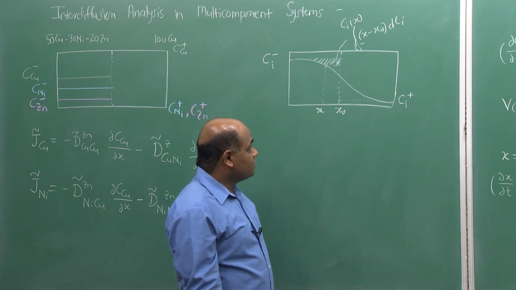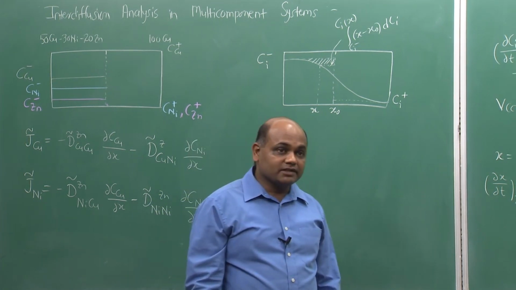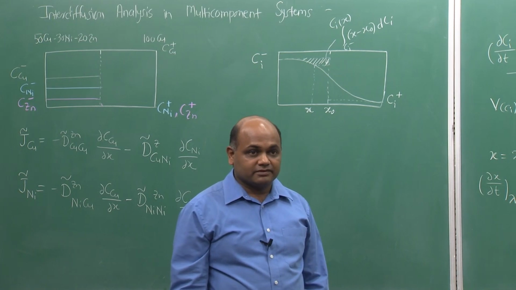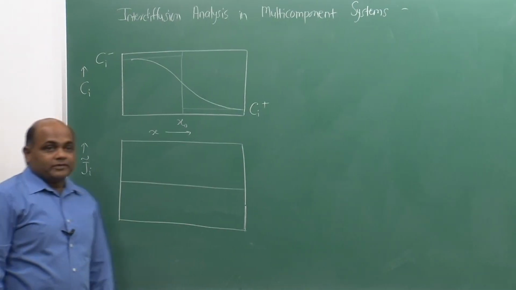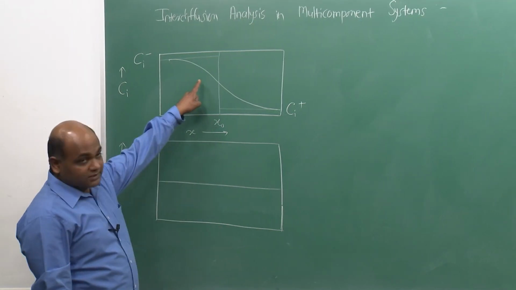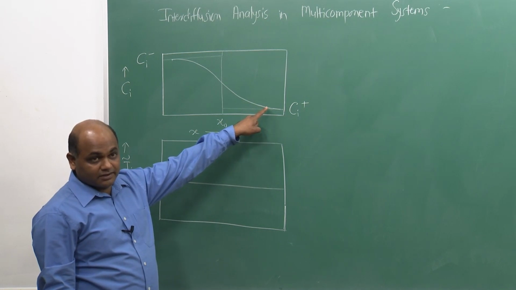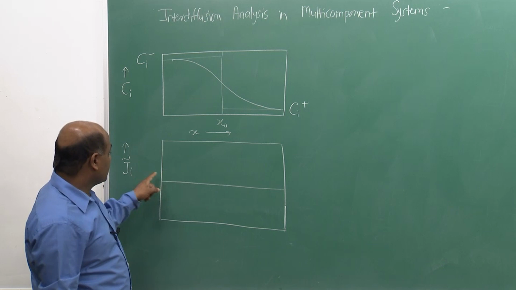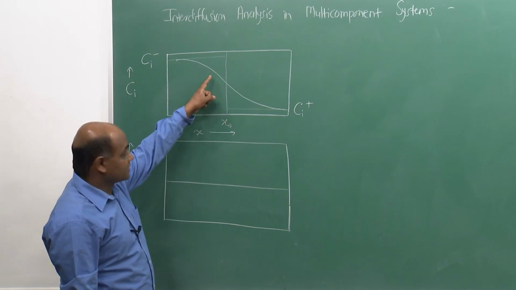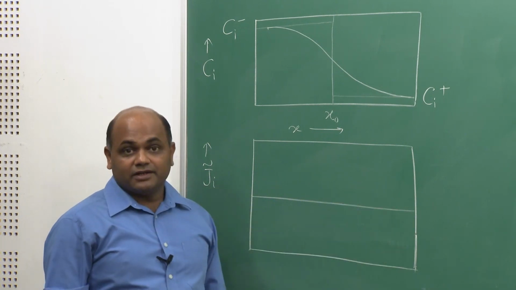Now, let us try to look at the nature of the diffusion flux profiles that can be obtained. So, consider again this concentration profile of component i, which is developed in the diffusion zone after the diffusion annealing time t, and we want to determine the interdiffusion flux, and we want to see the nature of the diffusion flux profile in the diffusion zone.